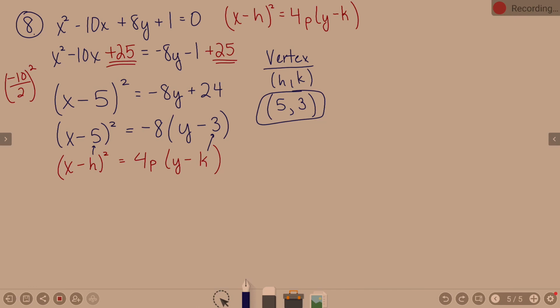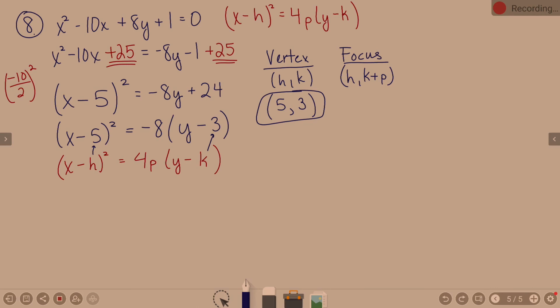What else did I say? Focus and directrix. Okay, focus. I'm going to use my chart, yes? What's it say about the focus? It says my focus should be h, comma, k plus p. Remember, this is the parabola, so we just have one focus, and it's inside that parabola. We know h and k. What we haven't talked about is our p value. Do you guys see where we could find p?